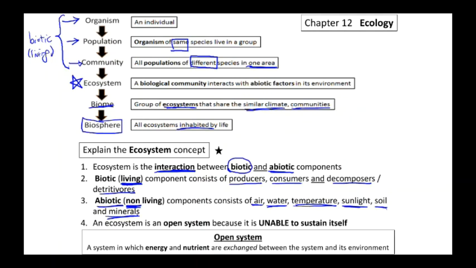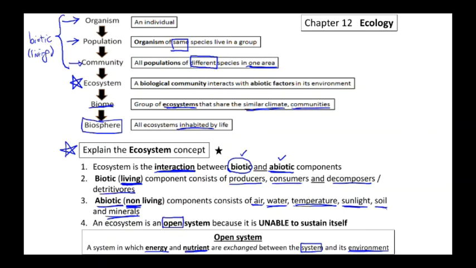Now, let's look at the concept of ecosystem. Like I mentioned earlier on, it is the interaction between the living things and the non-living things. And we say that an ecosystem is an open system. What does it mean by an open system? It will have both energy and nutrients exchange between the living system and its environment.